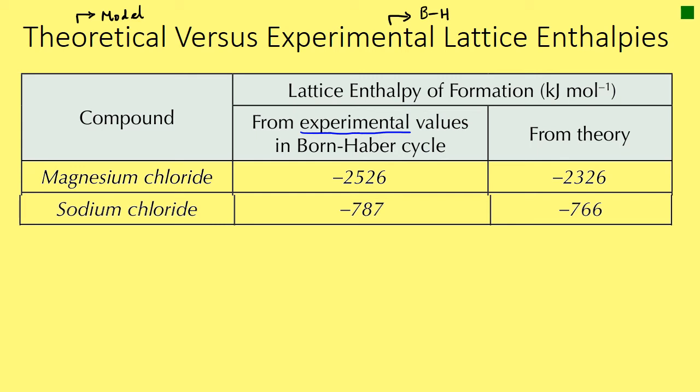So quite a big difference there for magnesium chloride, whereas with sodium chloride it's minus 787 for experimental values, and minus 766 from theory. So you can probably say these are quite similar.